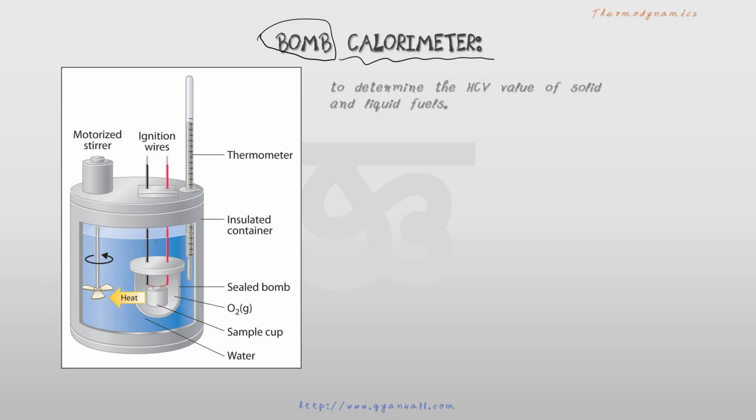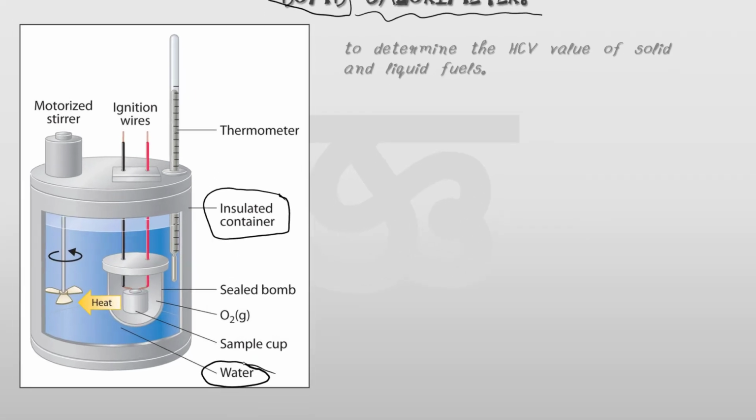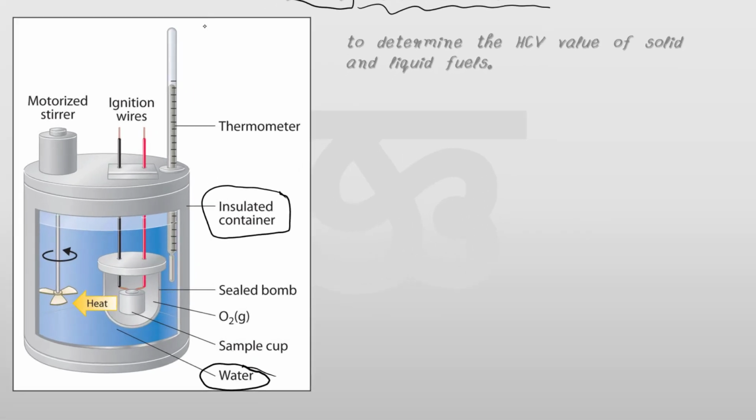This container is an insulated container. What is insulation? Heat cannot go out of the system, heat cannot enter into the system. Insulating material is there. Then inside the insulated container there is some water, and the temperature of water can be measured by this thermometer.